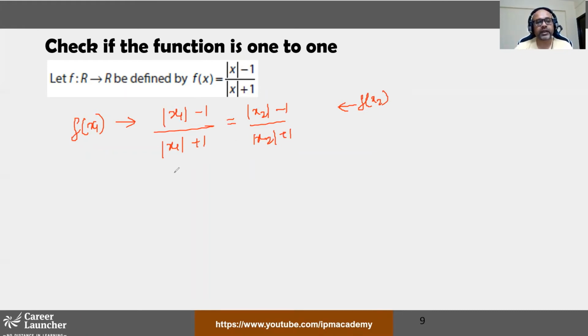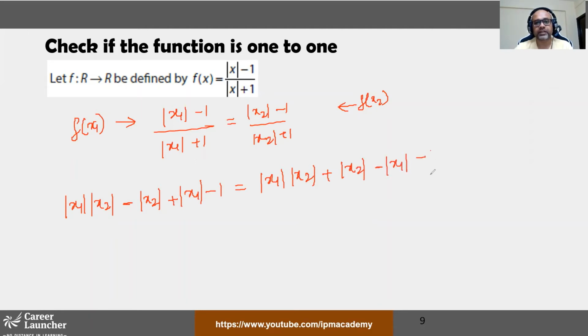I will cross multiply. If I cross multiply, what do I get? Modulus x1 modulus x2 minus modulus x2 plus modulus x1 minus 1 is equal to modulus x1 modulus x2 plus modulus x2 minus modulus x1 minus 1.